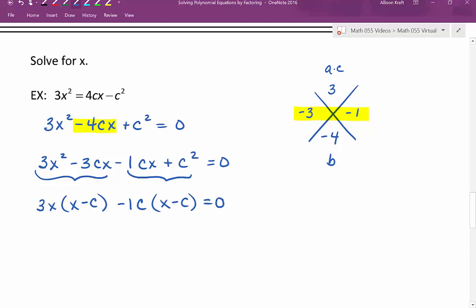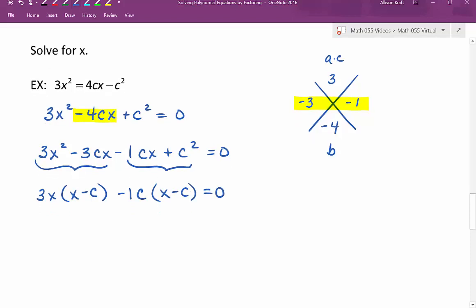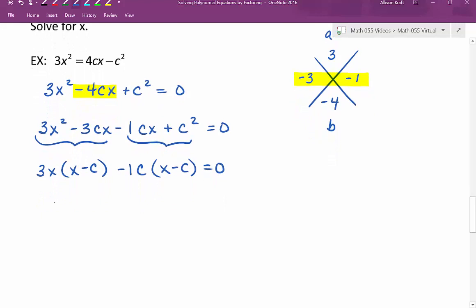We see that common binomial factor that lets us know we're on the right track. Factoring that out, we're left with 3x minus 1c. We're fully factored and ready to apply our zero product property.